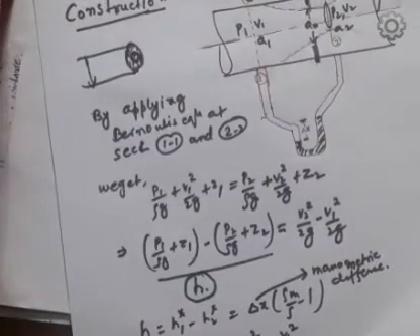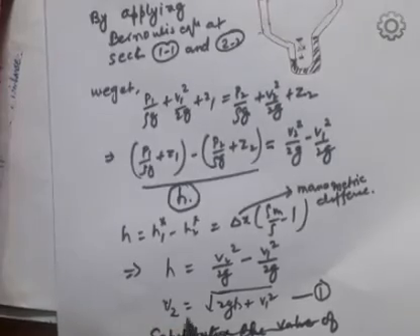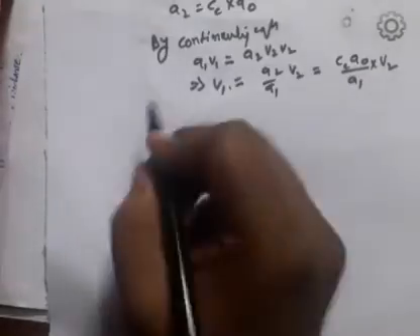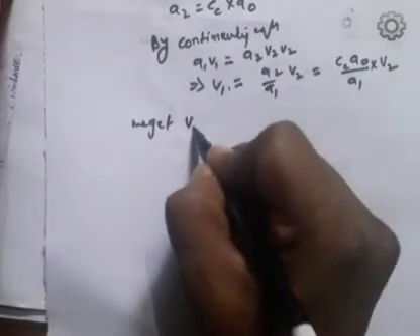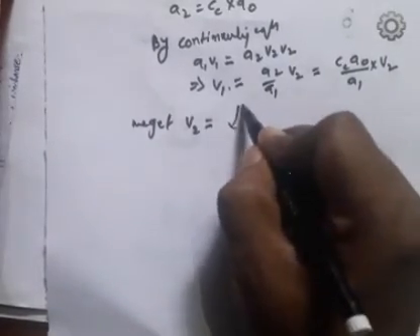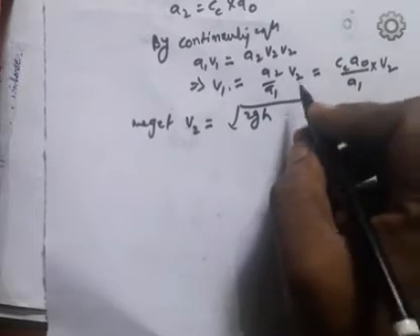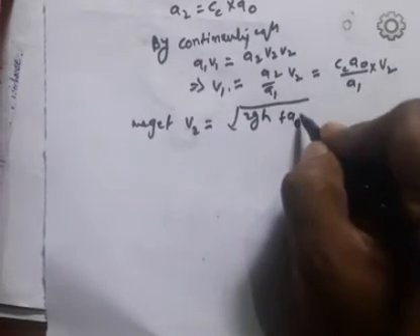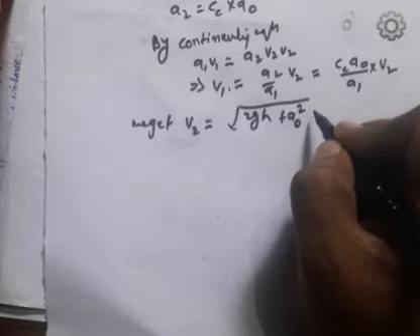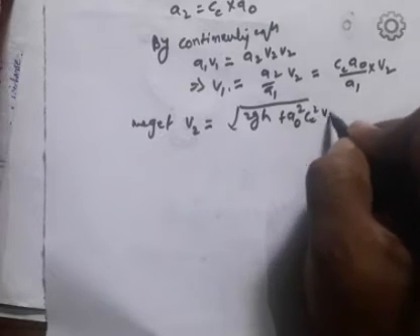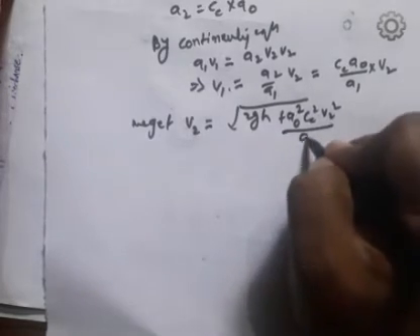Substituting the value of V1 in this equation, we get V2 is equal to root under 2gh plus A naught square Cc square V2 square by A1 square.